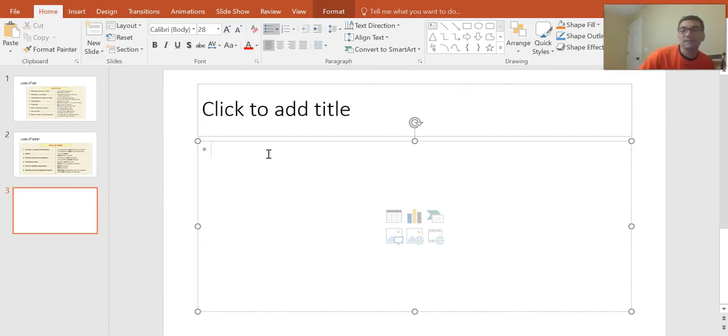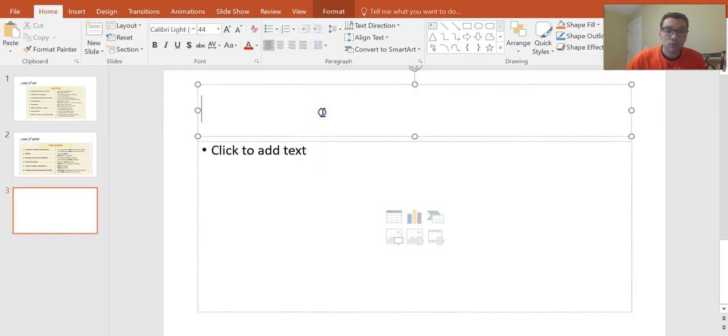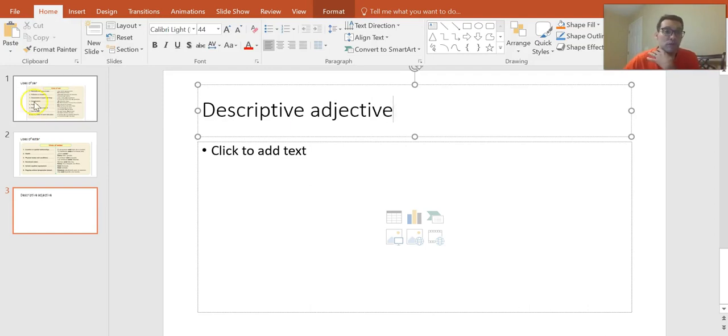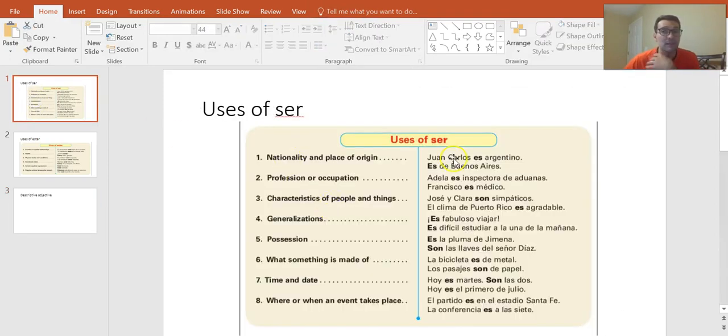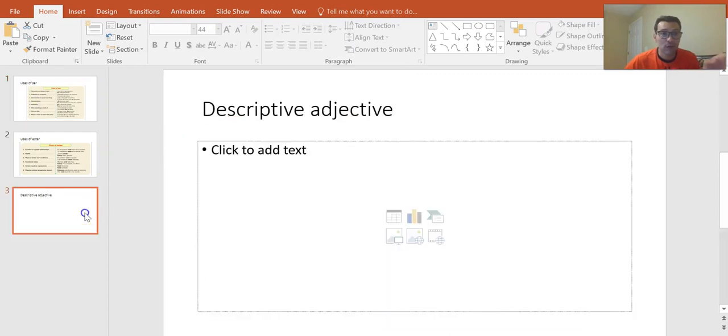Like Ana es alta, Pedro es bajo, Ana es bonita, and so forth. However, there is a rule that you could use with descriptive adjectives, and this rule only applies to descriptive adjectives. Because if I'm going to talk about nationality, you know that is ser. That's it. No other way around.